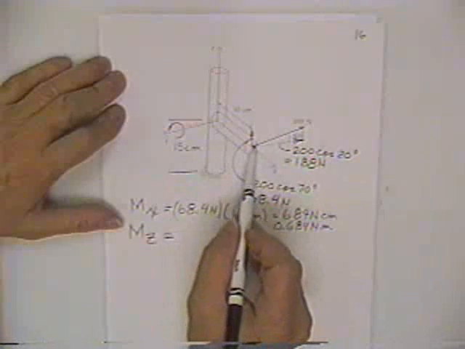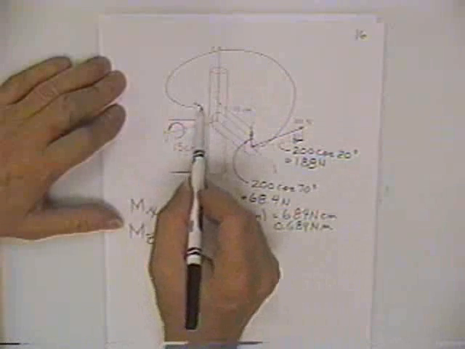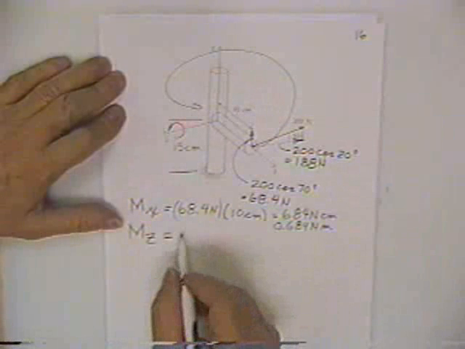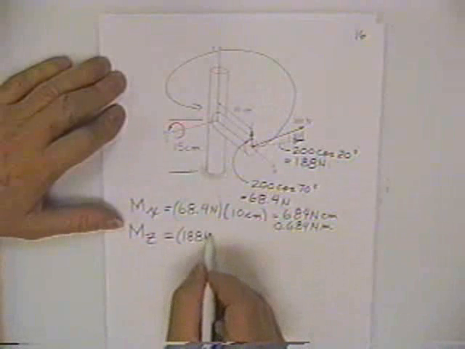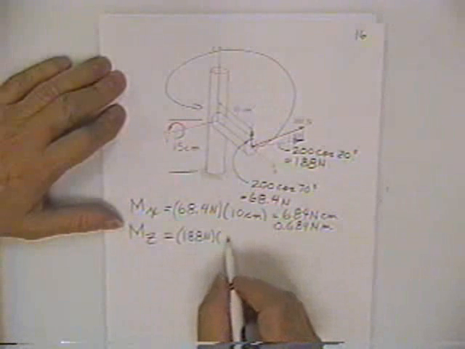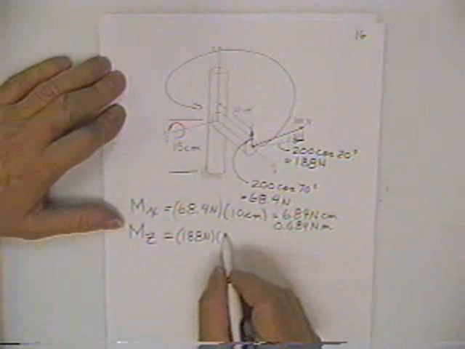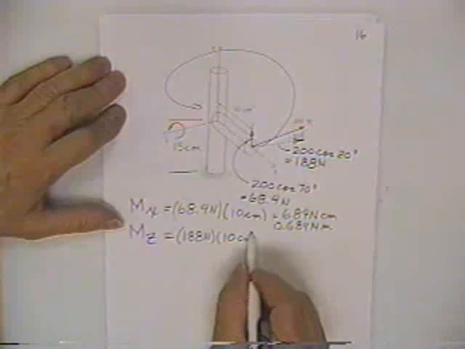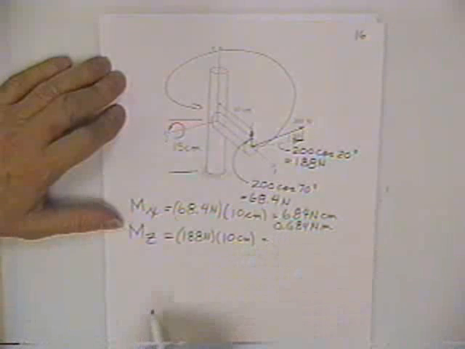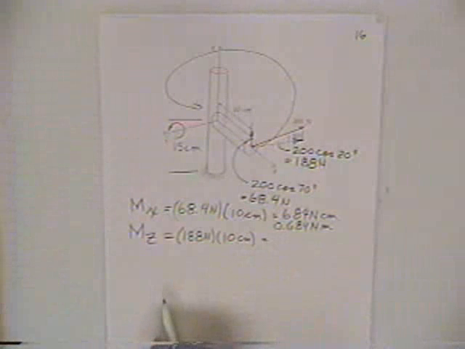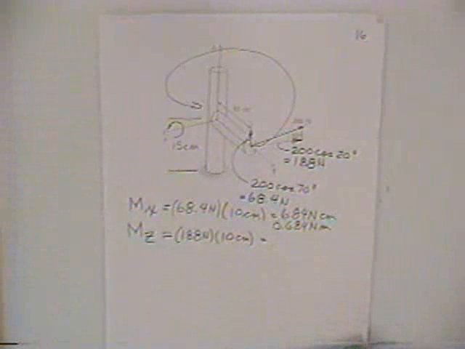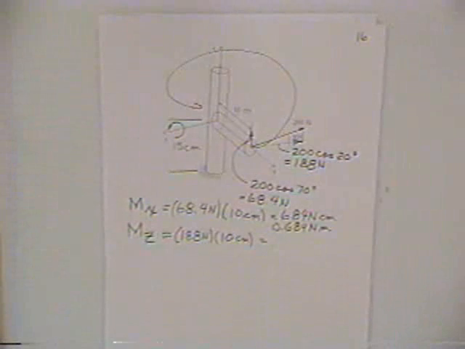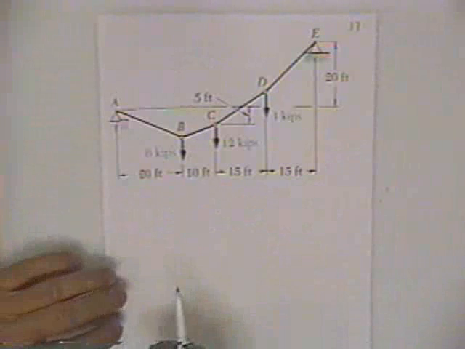You can see it would roll around that axis, and therefore it is equal to 188 newtons multiplied by how far it is off of the z-axis, 10 centimeters, and whatever you get. So that'd be like a three-dimensional problem with moments.